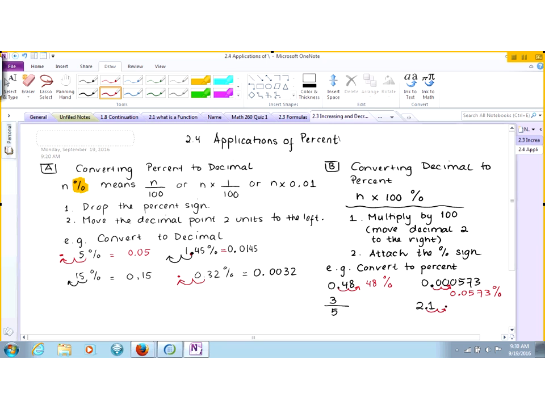What about 2.1? 210%. Yes. 3/5? We have to change this to decimal first, 0.6. And then 1, 2, so 60%. Is this doable? Yes.